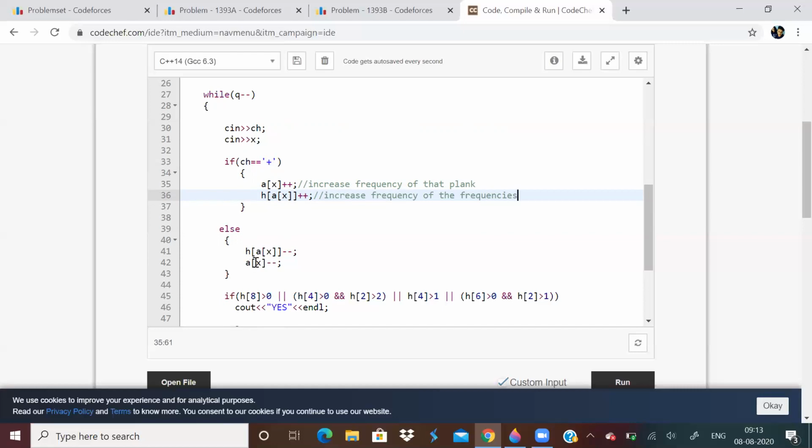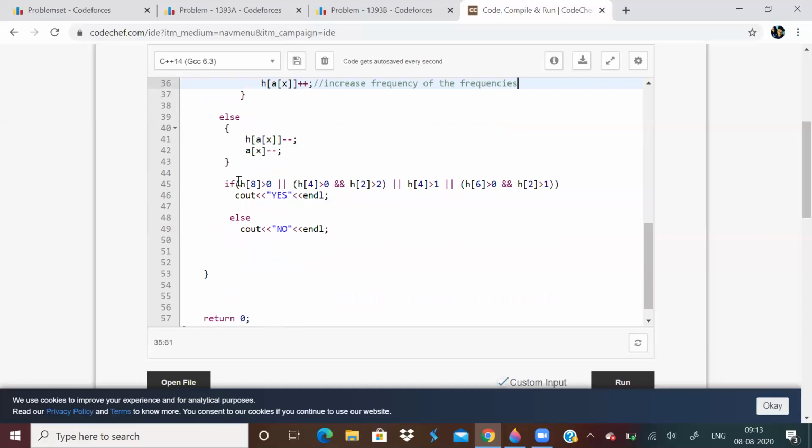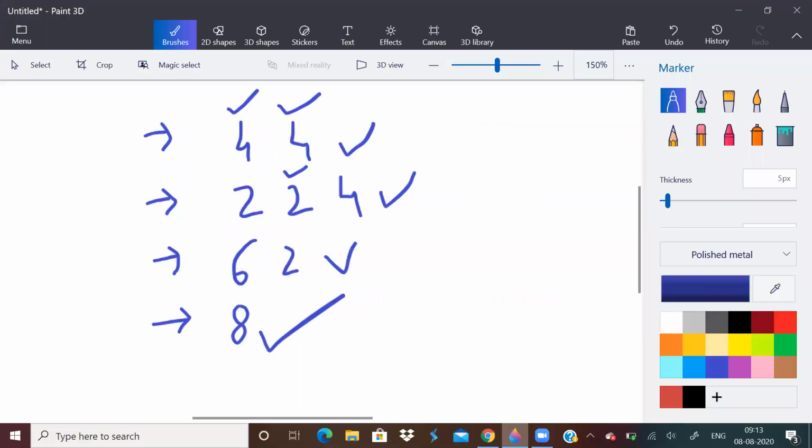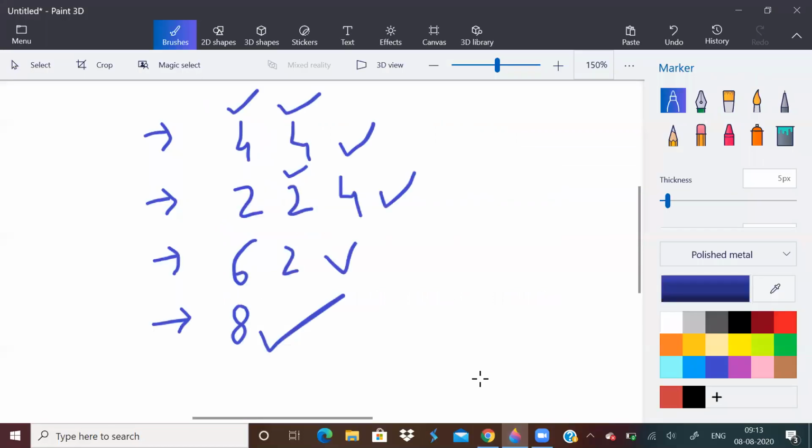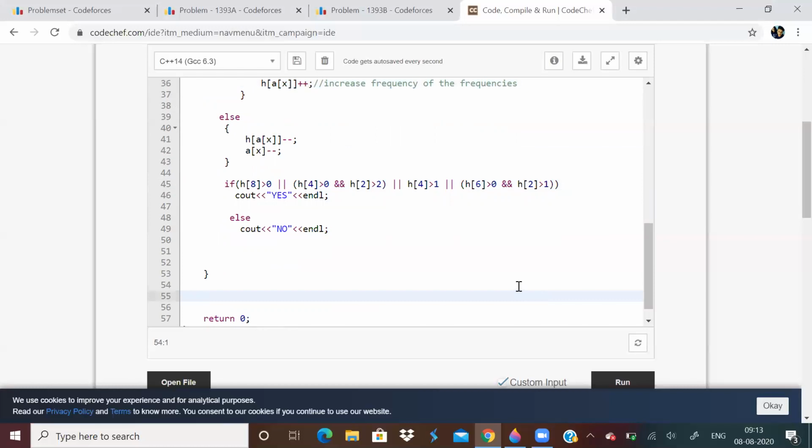And similarly, this is to decrease. So when can we form a rectangle? As I discussed, these conditions I have put in this if statement. But you have to be slightly careful with this one.